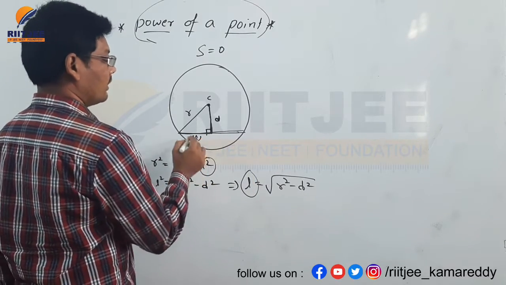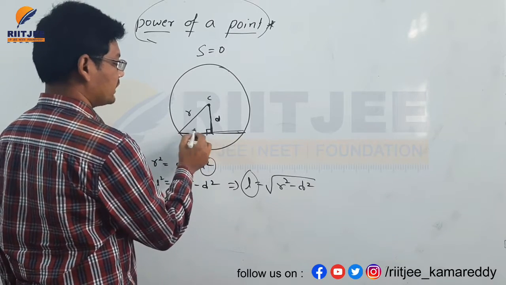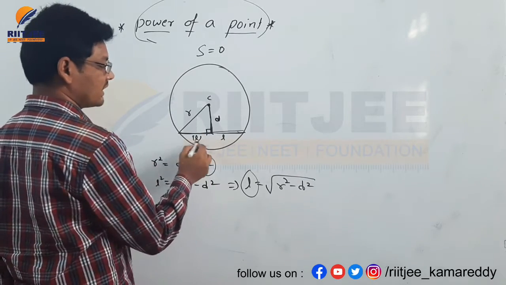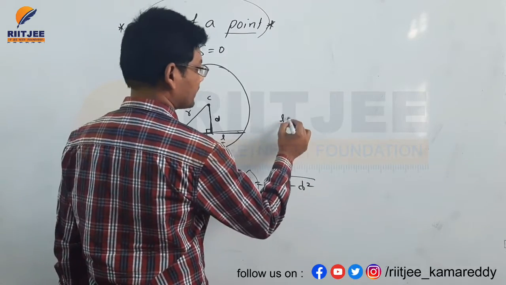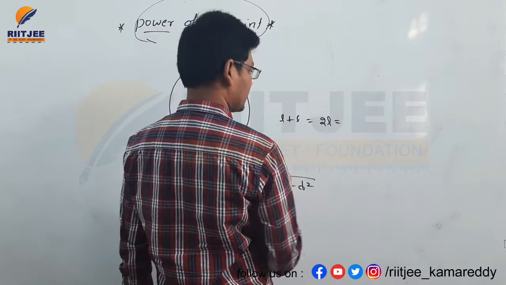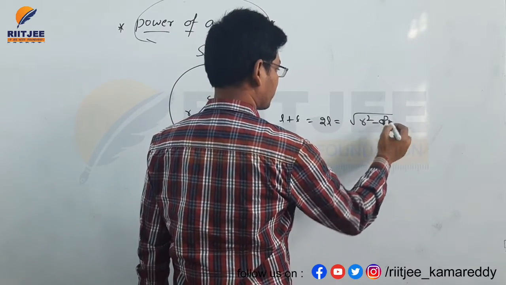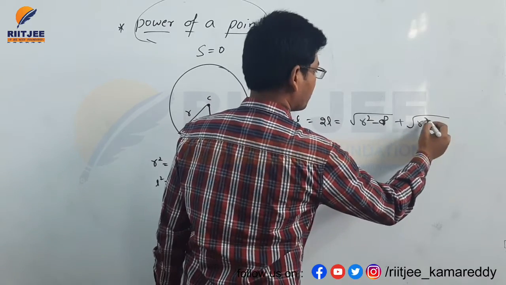Here this is the midpoint of this chord. We can consider this as L plus L, and L plus L is nothing but 2L. 2L is equal to square root of R square minus D square plus square root of R square minus D square.